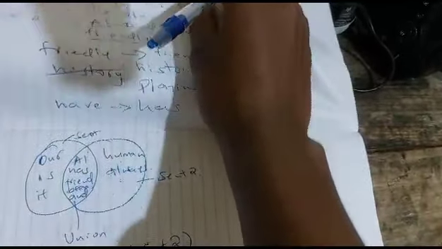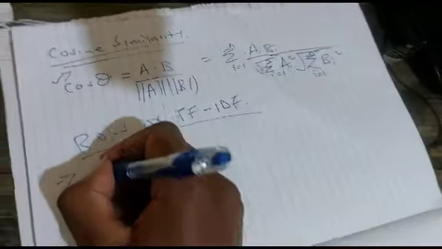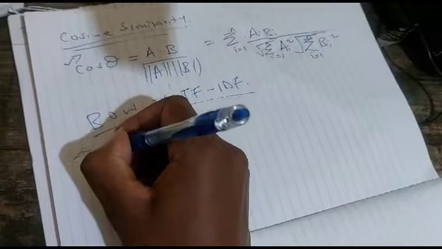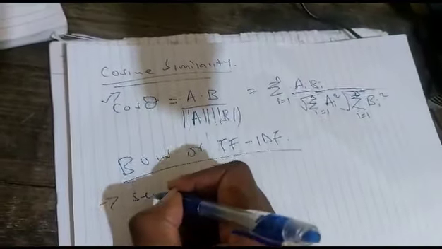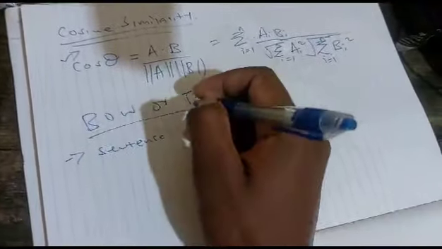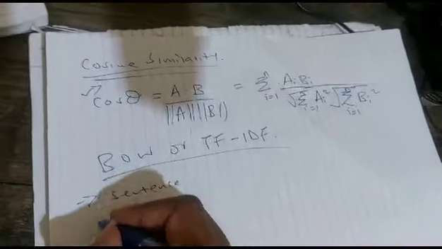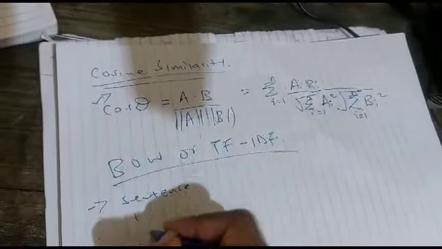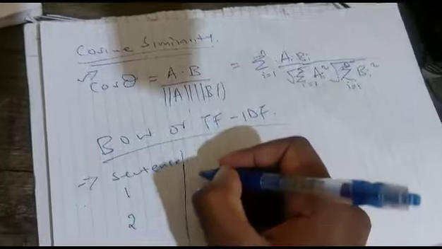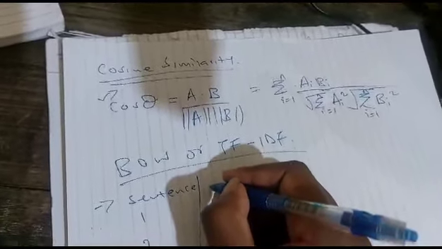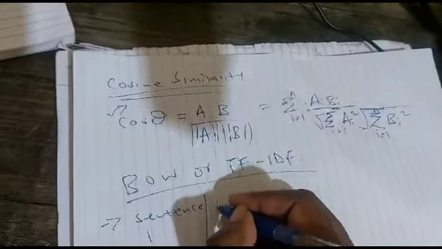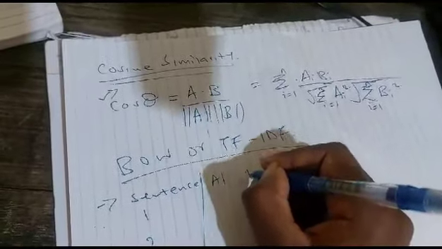If we calculate the term frequency for the two sentences, we can draw it in a table like this, with sentence 1 and sentence 2.